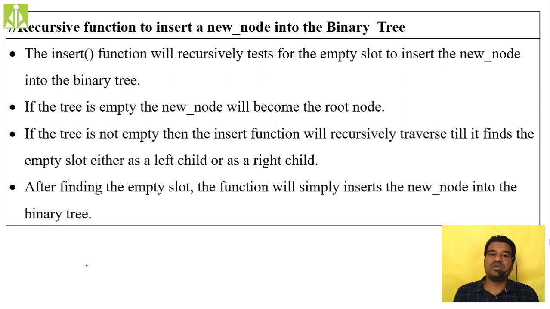We are simply finding the empty slot, and at that empty slot only we insert the newly created node. To find that empty slot, we traverse recursively inside the tree, and whenever we find the empty slot, at that point we insert our newly created node.